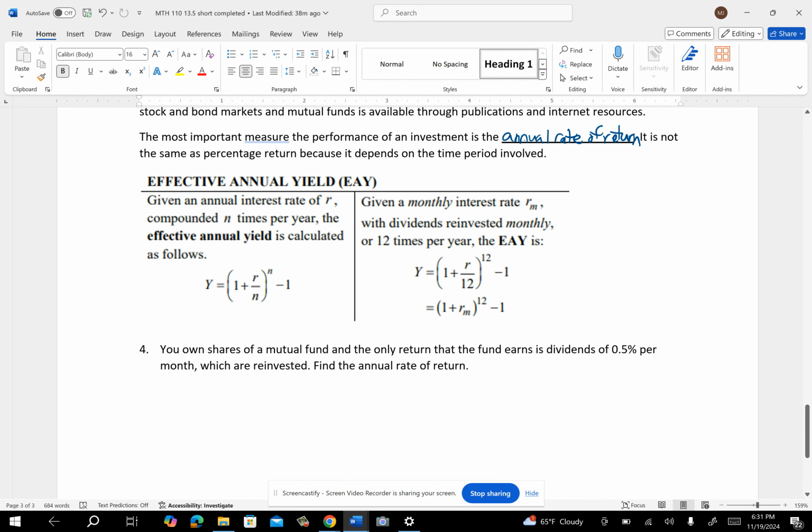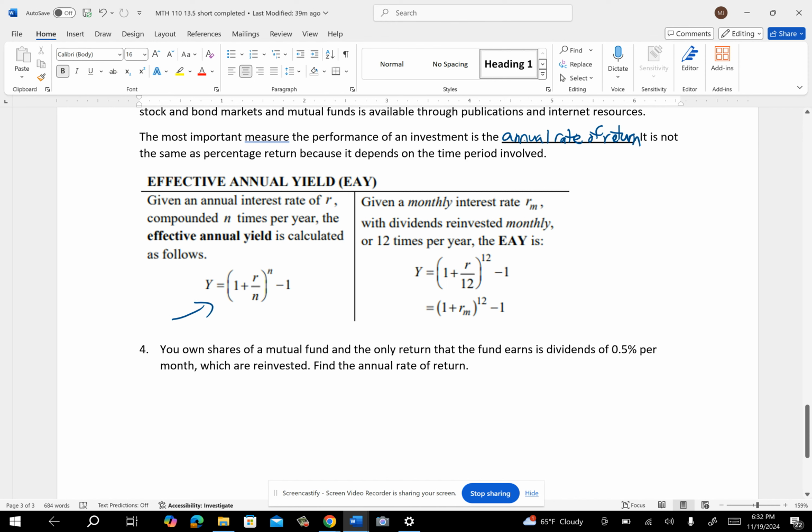All right, so there's a couple formulas here. Remember effective annual yield earlier was this formula. We used it back in Section 13.2 when we had like maybe an account where they were compounding your money monthly, when they were calculating the interest, and we wanted to be able to have a sense of how that compared to another account that might have different terms, okay?